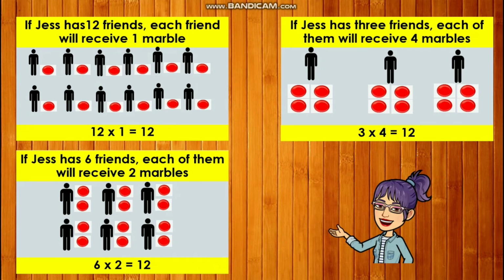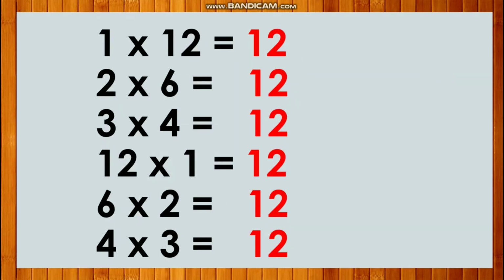So let us now study the equations that we used in the illustration. What do the number of friends and the number of marbles that each friend receives represent? What do you call these numbers? They make a pair of numbers.